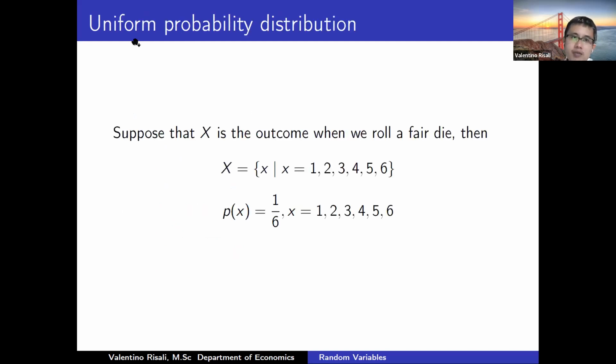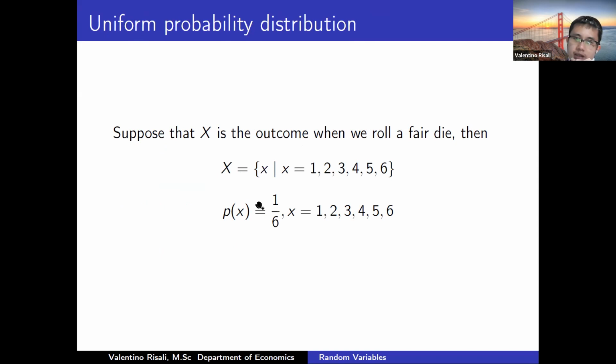Okay, and for the first one, the uniform in the discrete case, the example of this probability distribution is the random variable X, which shows the outcome when we roll a fair die.